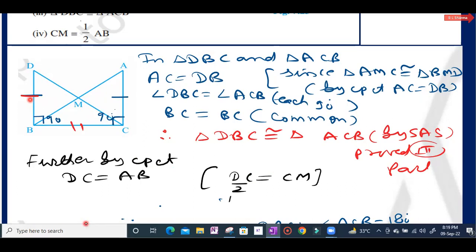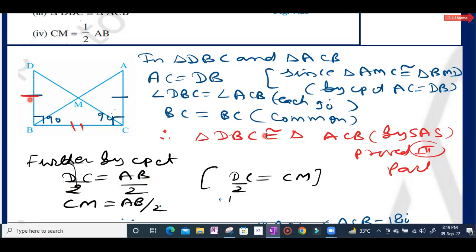So divide this by 2 and this by 2 here. दोनों तरफ हम 2 से डिवाइड करेंगे. तो DC by 2 को हम लिख देंगे CM and right hand side is AB by 2.